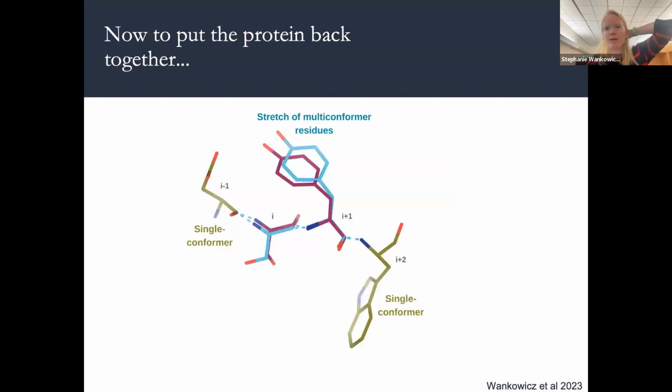Now that we have this on a residue by residue basis, our job is to put the protein back together. What we look at is stretches of multi-conformer residues. At this point, we're really looking at the backbone and making sure that we can stitch the protein back together. So we look for single conformer models, particularly of the backbone, and then we take everything in between.